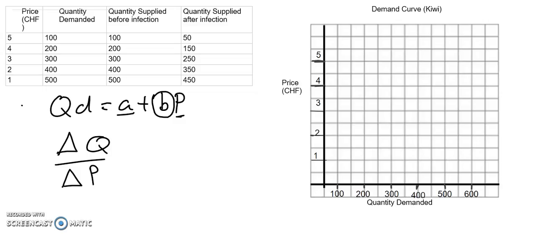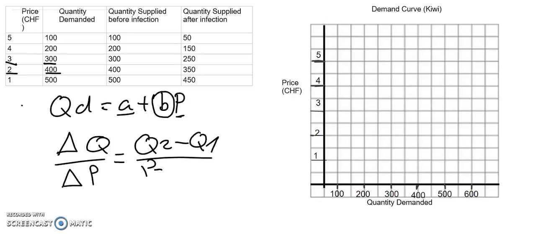Now, how we're going to find B, the inverse slope, is by change of quantity over change of price. And for this, we're going to just take two random variables of the table. Let's say 300 and 200, and 400, and we're going to put them as Q2 minus Q1 over P2 minus P1.